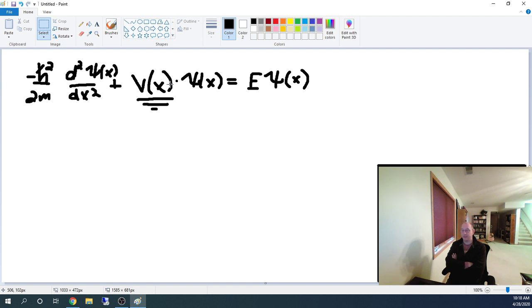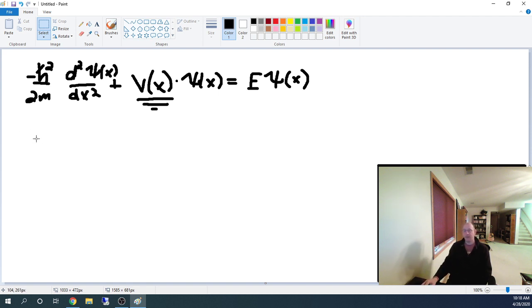So the idea of the wave functions and the energies being degenerate was an important thing to notice. Remember that degeneracy means specifically that there is more than one distinct wave function that has the same energy as the other.